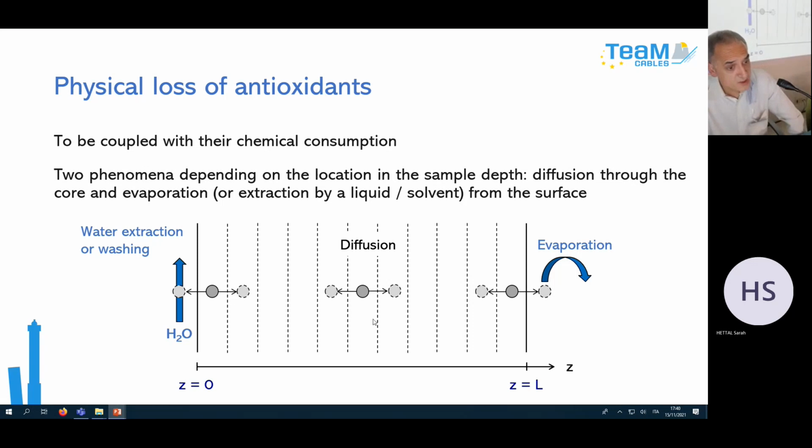The physical loss is directly controlled by the evaporation or the water extraction. So it is possible to consider different sample thicknesses in order to have a decoupling of these two physical mechanisms.